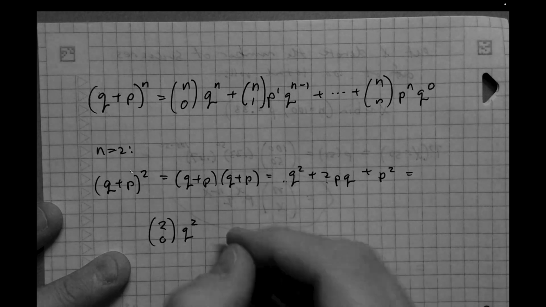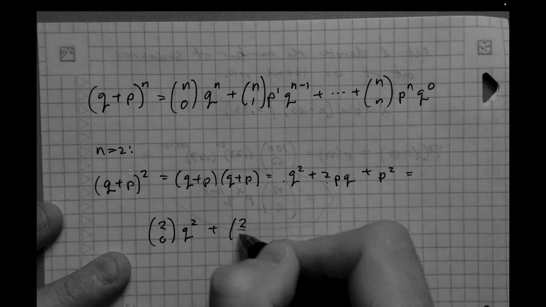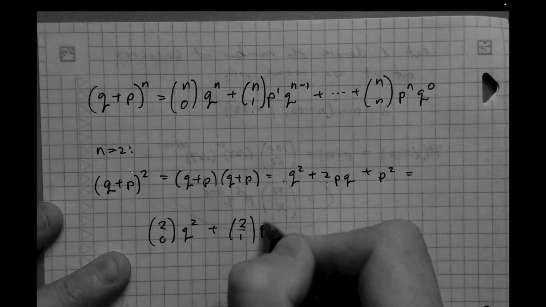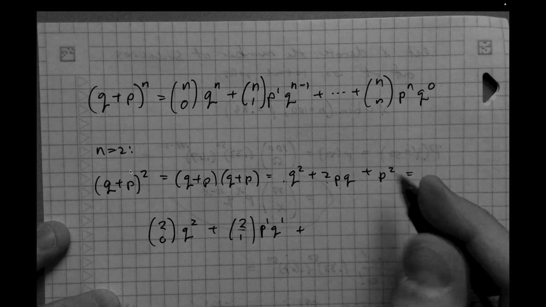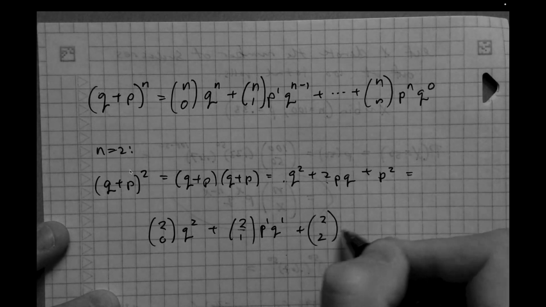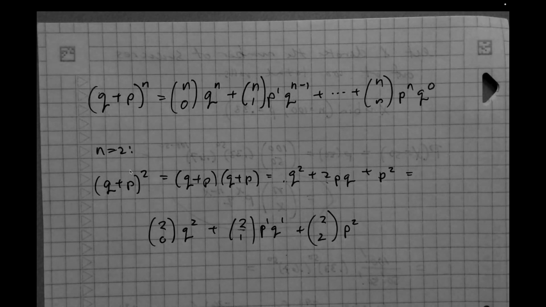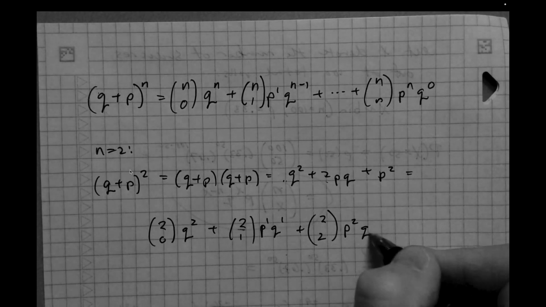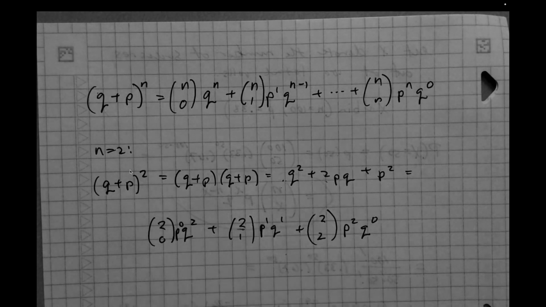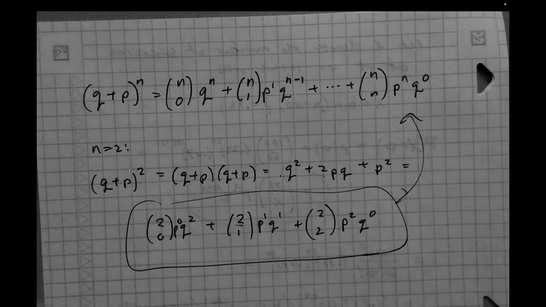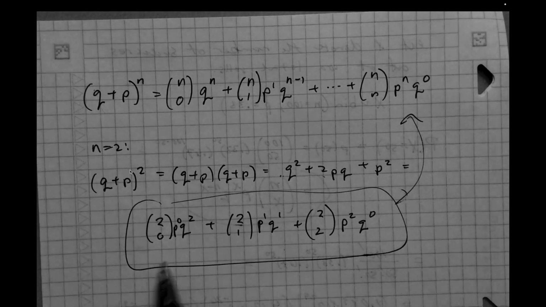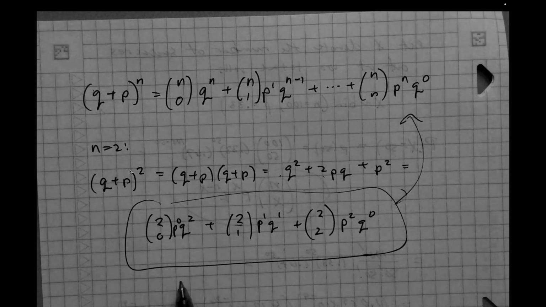The coefficient here is 2, so that's like 2 choose 1, and it's p to the first power, q to the first power. And over here the coefficient is again 1, so that's like 2 choose 2. Obviously here you've got q to the 0 and p to the 0. So you can see this fits the pattern up here, and it fits the pattern of the binomial probability distribution, where it's n choose y, p to the y, q to the n minus y.